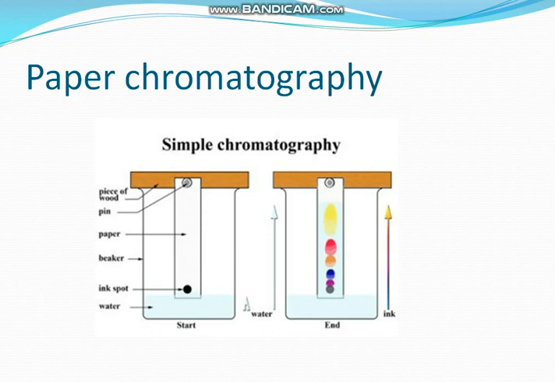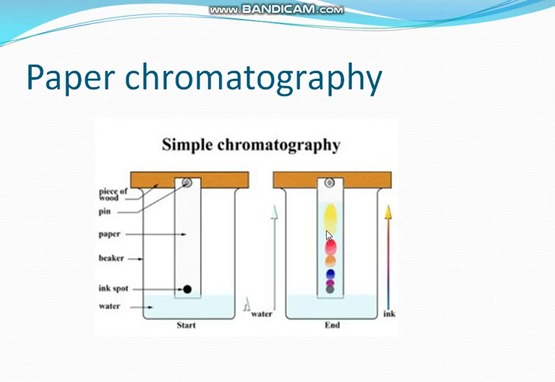Then what happened in the second diagram? Here we can see only one ink spot. After some time the paper dipped into the water, and the different components in that ink are separated. Different colors are separated at different levels.